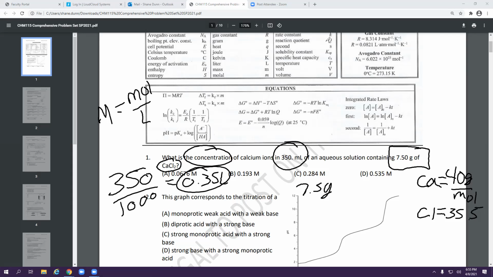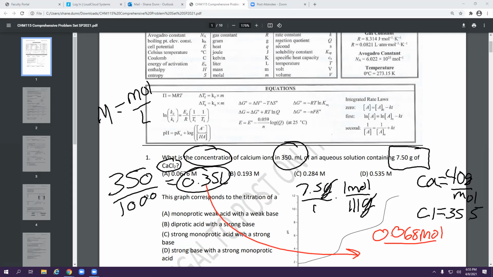So 7.5 grams, 1 mole divided by 111 grams, grams cancel, gives me how many moles? Yep, I'm going to change my color, go to red. 0.068 moles, divide that by my liters, 0.035 liters.